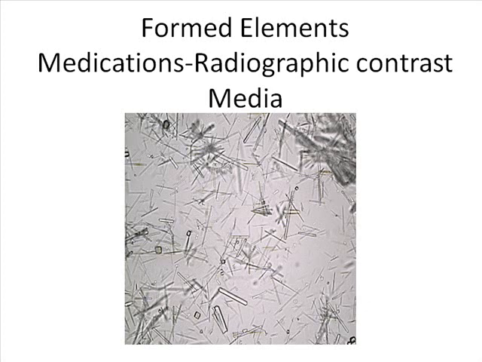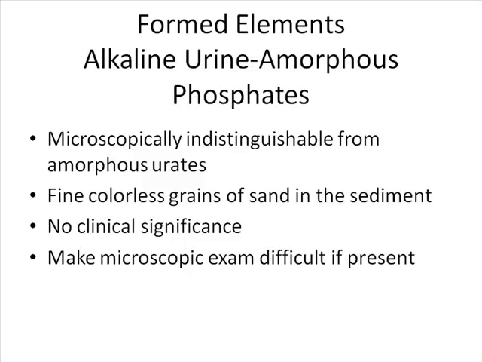What you can do is actually do a refractometer. If you see these, go to the refractometer and do specific gravity, because the specific gravity will be really high on the refractometer. Remember, on your dipstick, it'll be normal. And that kind of tells you, this patient probably had an IVP. They should have waited to collect the urine. They're collecting it too soon because that dye has not been flushed out.